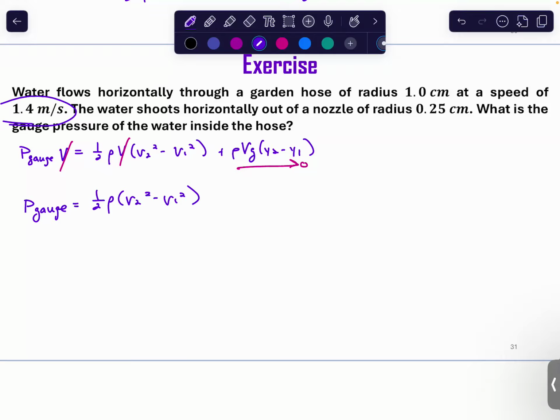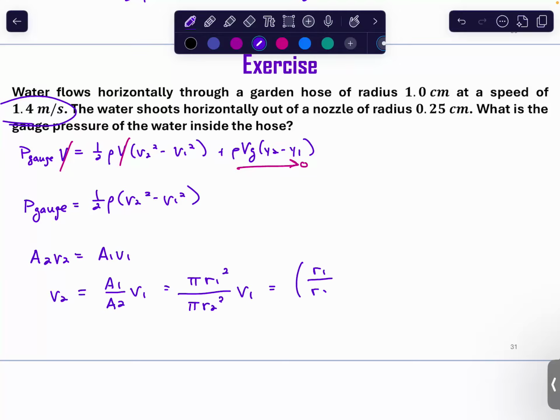Well, we can find V2 by using... okay, so we can solve for V2.